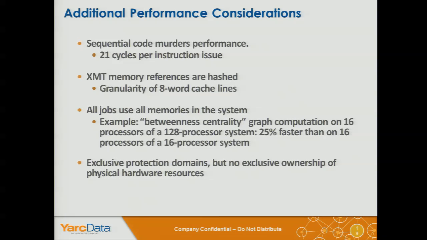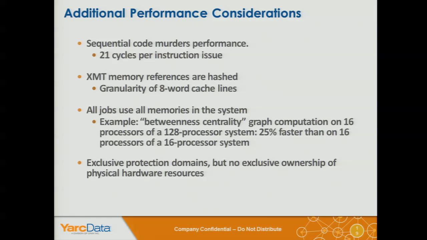I've mentioned that the memory references are hashed. As a result of this hashing, all jobs, no matter what size they are, use all the memory in the system. So if you think about it for a moment, when you're doing a graph computation on 16 processors of a 128 processor system, it's actually significantly faster than 16 processors on a 16 processor system.